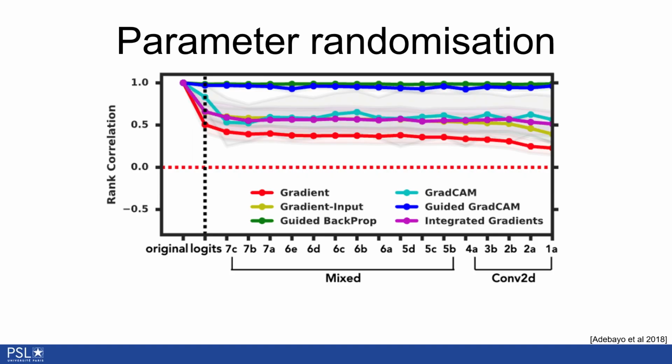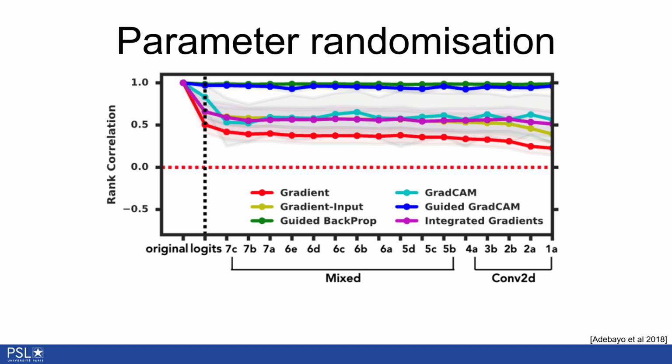This illustration gives us a visual impression of the sensitivity of saliency maps to model parameters. But this can be quantified more systematically by measuring how different the saliency maps for randomized networks are with respect to the non-randomized network. A simple quantification of this difference is to compute the correlation between saliency maps and average across many input images. The final result of this analysis is shown here. In this figure, the y-axis shows the rank correlation between the original explanation and randomized explanations.